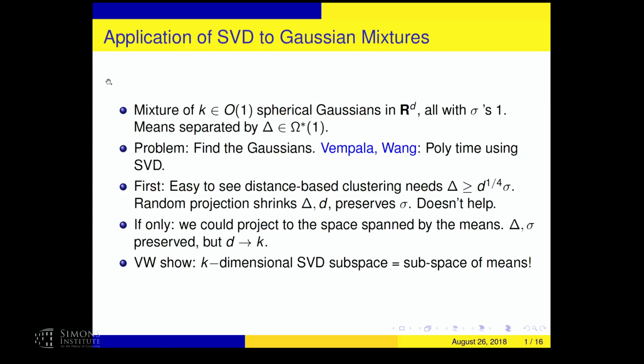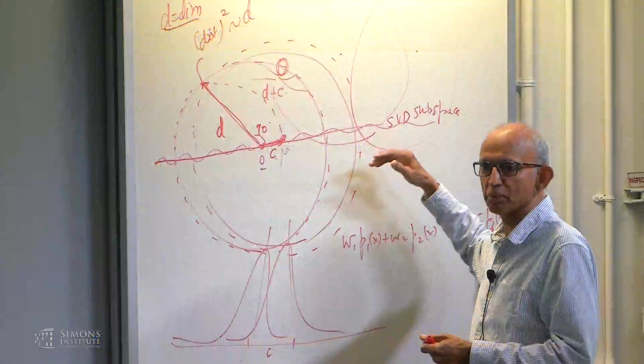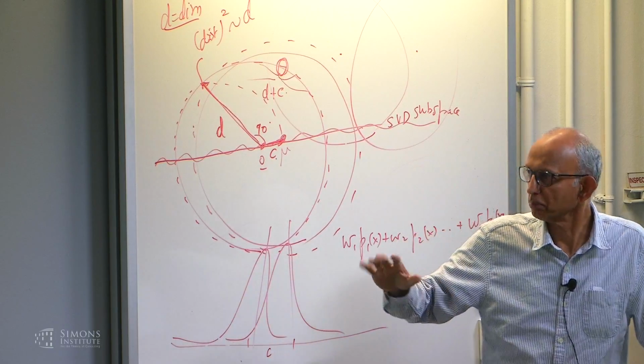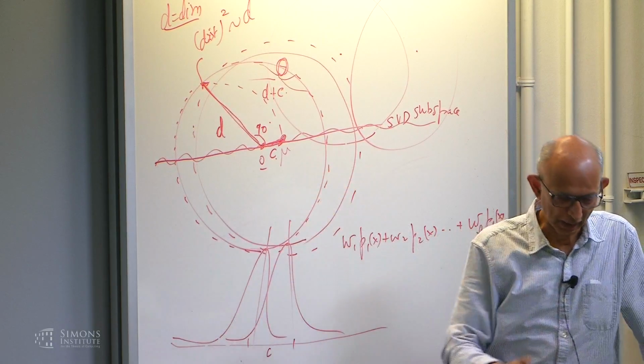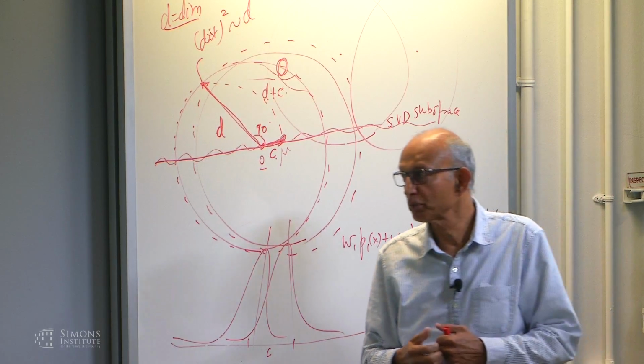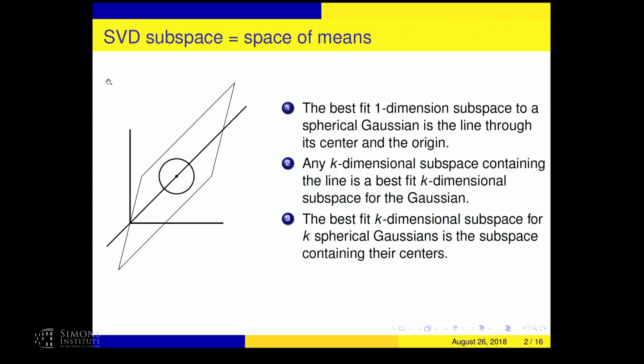And I'm going to prove this to you because it's a very nice proof. Okay. So the SVD subspace, the one-dimensional best fit line, is exactly this. There's a confusion between k and k minus 1, but ignore that. So here's the proof that the SVD subspace is the space of means.